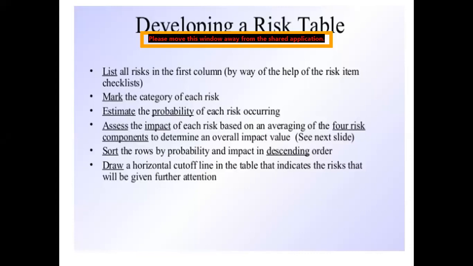Then we will calculate the probability of each risk and assess its impact. Then we sort all the rows by probability and impact in descending order, and at the end we draw a horizontal cutoff line in the table that indicates the risks we will keep further attention on.